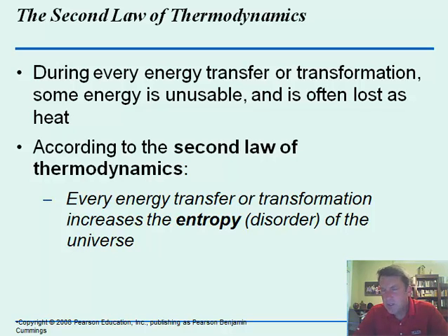So this is sometimes stated in the phrase entropy, which is kind of a measure of randomness or disorder. So when we transfer energy, there's going to be a loss of order in that state that it came from.